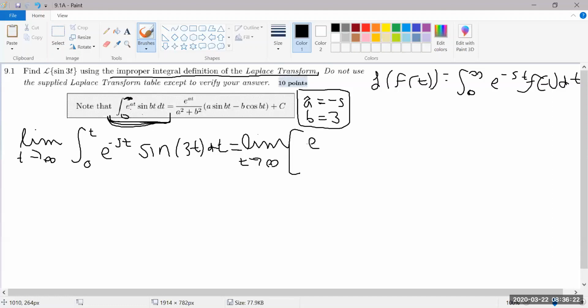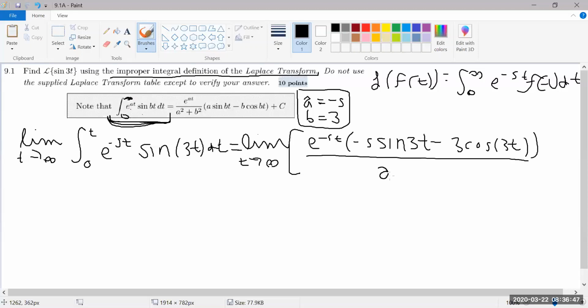So we have e to the negative st times negative s sine 3t minus 3 cosine 3t, keeping in mind that everywhere you see an a, just plug in a negative s, and everywhere you see a b, just plug in a 3, and then all divided by a squared plus b squared.